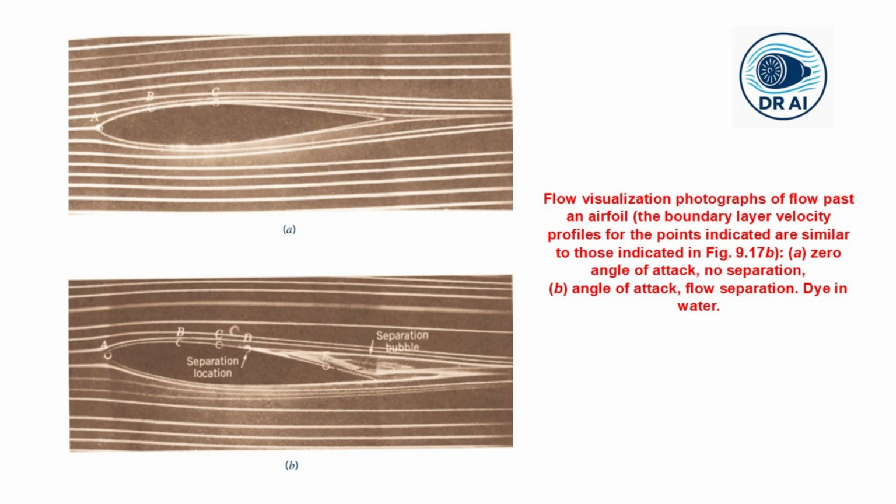What's happening physically over here? We would be returning to the earlier figure from the earlier topic in this particular section. At moderate angles of attack, the flow remains attached over most of the upper surface. The boundary layer survives the adverse pressure gradient over the rear portion and makes it to the trailing edge. But at high angles of attack, as shown in part B of this figure, the adverse pressure gradient becomes too severe.